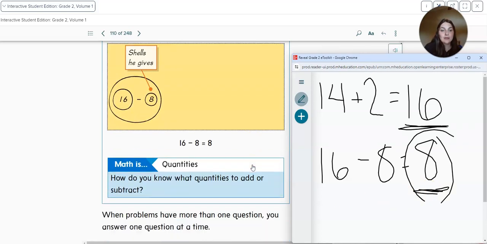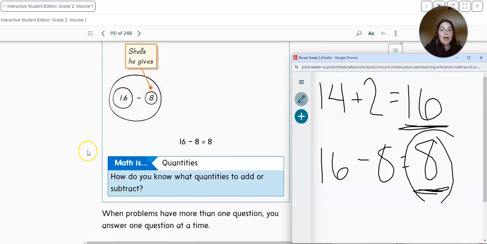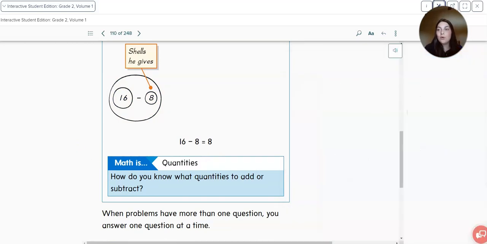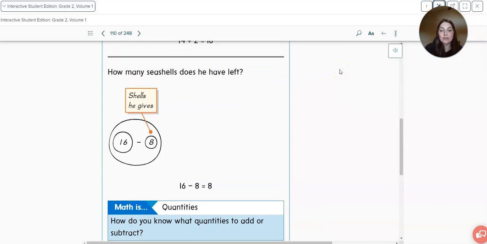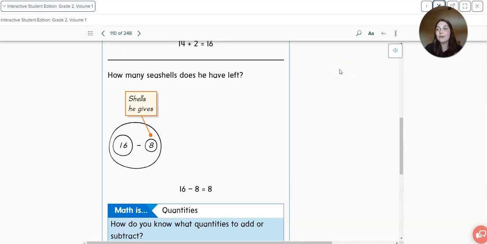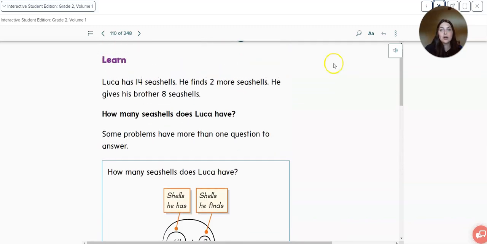All right, so how do you know what quantities to add or subtract? We'll look back at this problem, and we knew whether to add or subtract because of the words that they used, right? So he has 14 seashells, all right? He finds 2 more, so that more tells us that we need to add, okay?